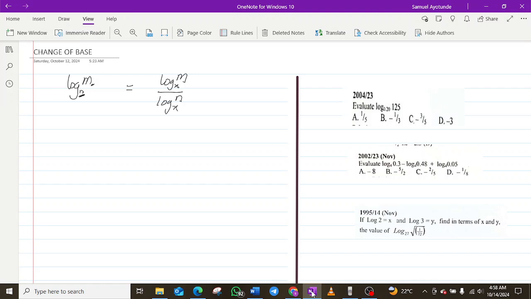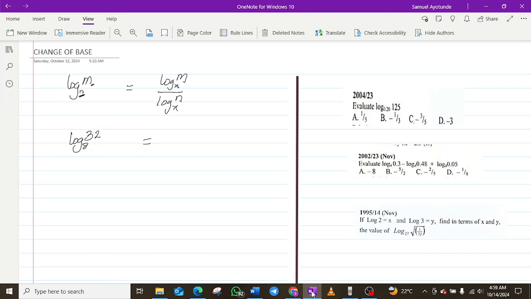Let me look at an example. If I have log 32 base 8, now I can change base here. I said initially that the best thing I should do is to look for a base that has a relationship with the already existing numbers. In this case, we have 32 and 8.